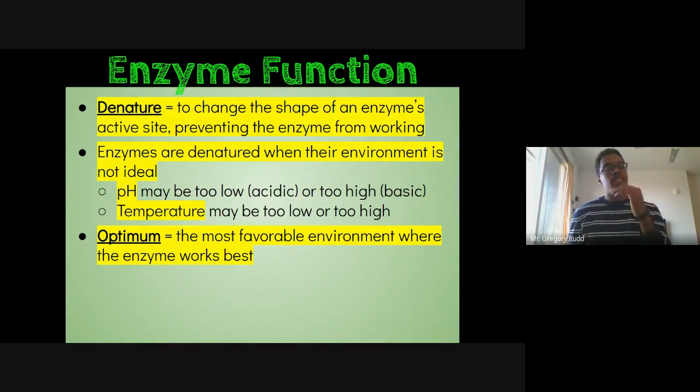So every enzyme has that preferred set of conditions, just like every child has that preferred set of conditions to fall asleep. And when all of those conditions are set up just right, well, then you're going to get some good sleep. When all of the conditions are set up just right for an enzyme, that's called the optimum environment. And the enzyme is going to work really, really well.